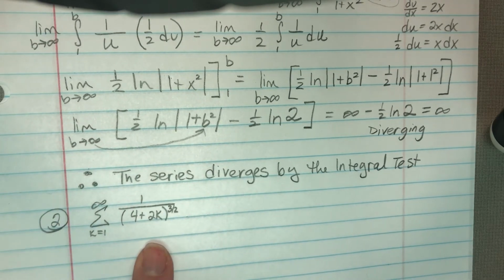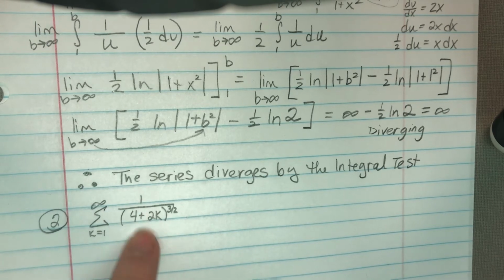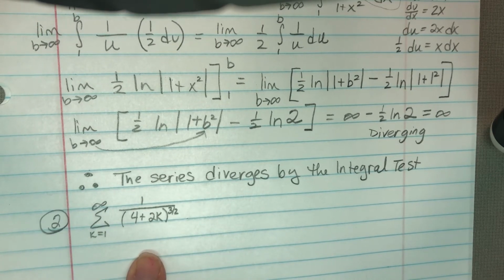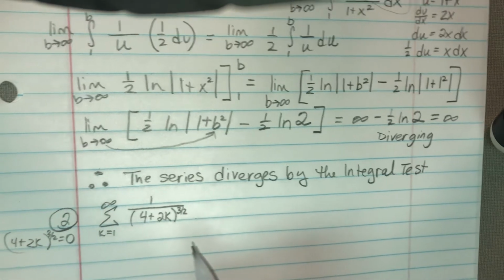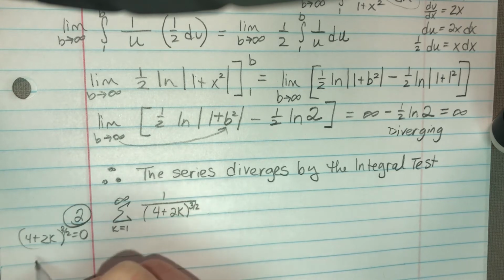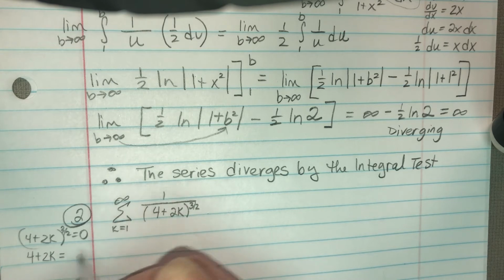And is the function going to be continuous? Well, there's no common factor in the numerator and the denominator that would create a hole. And if I set my denominator equal to 0 and solve to find any possible vertical asymptotes, well, let's see what that would give us. 4 plus 2k raised to the 3/2 power. If we set that equal to 0, you would do the 2/3 power on both sides, which 2/3 power of 0 is still 0.